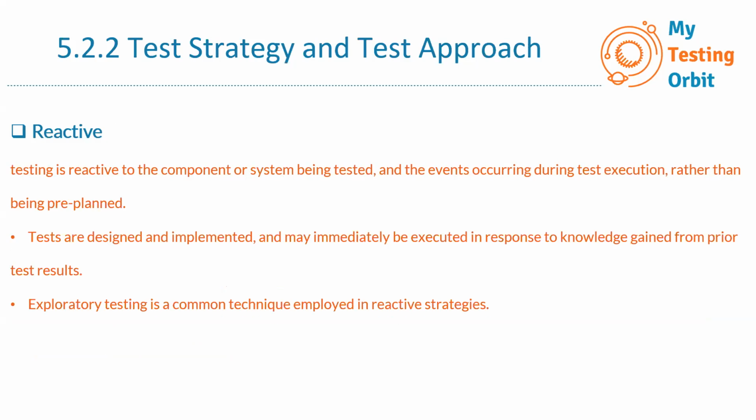The last one is reactive. In this strategy, testing is reactive to the component or system being tested and the events occurring during test execution, rather than being pre-planned. Exploratory testing is a very good example: we don't plan the tests in the beginning, and it is a dynamic testing activity where we explore the application as we go through it.